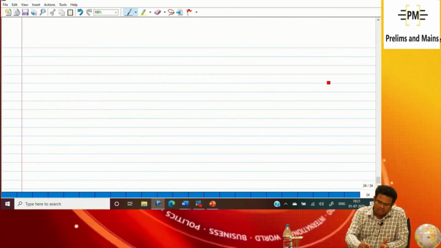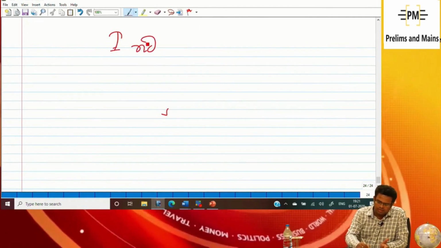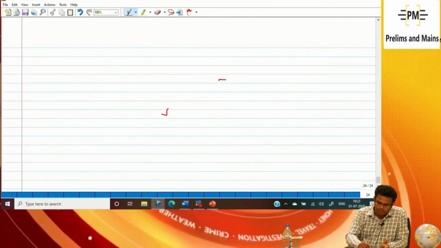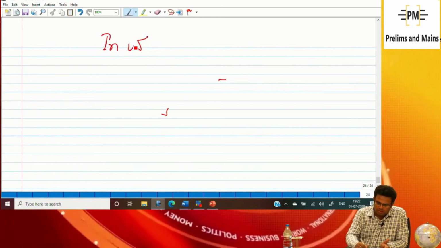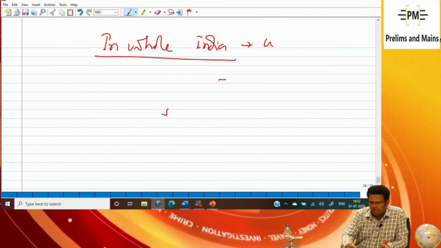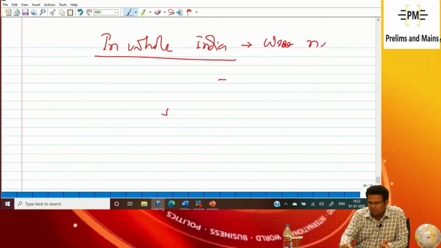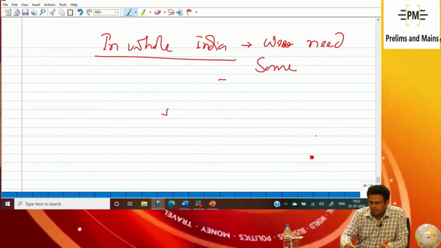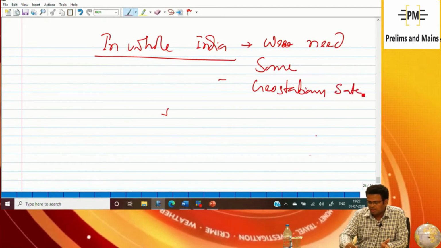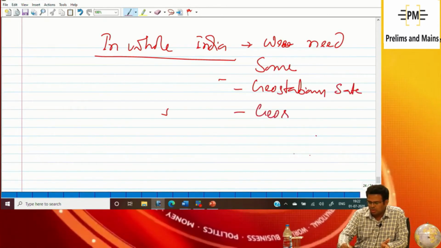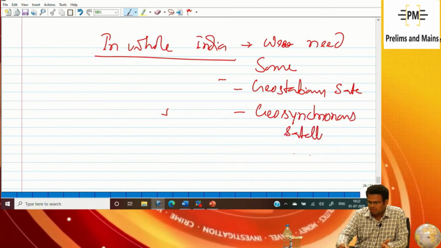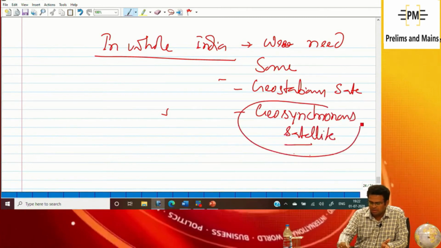So in the whole of India, we need some geostationary satellites and some geosynchronous satellites with some angle to cover the Himalayas.